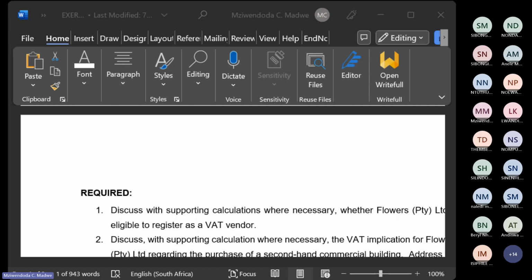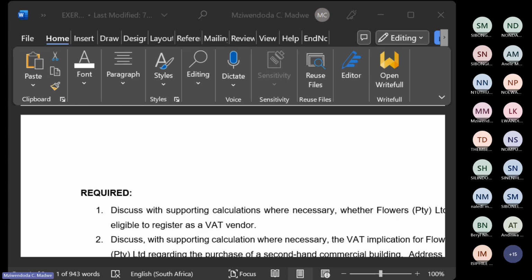Fortunately, your test and exam are open book, so you are allowed to go into the exam with your tax legislation. You only have to know which requirements apply to register, and you will remind yourself by looking at your tax legislation. That is what you are going to do.